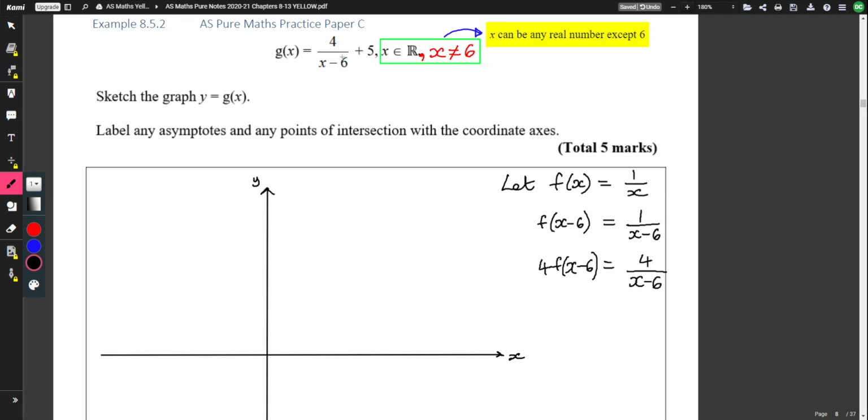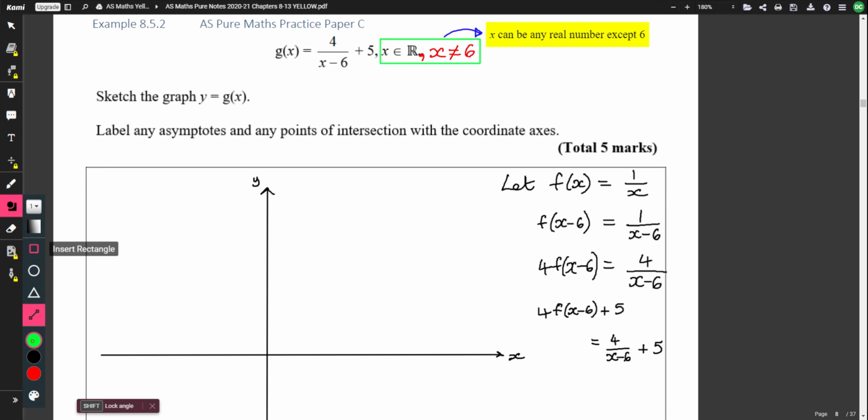Not in the numerator, but separate from the numerator. So that will be 4 lots of f of x take 6, and then after we close the brackets, a plus 5. Which gives us the graph we are drawing. Just going to put a box around that.